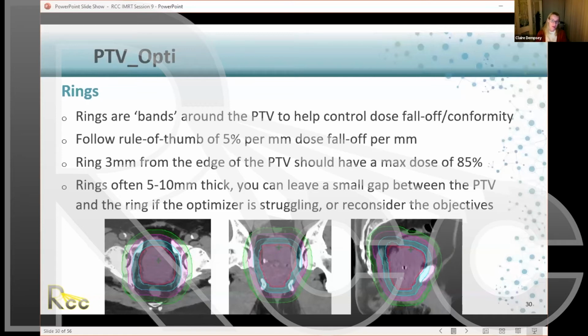So some people find if they leave a small gap, 1 to 2 millimeters, and then put a ring around the PTV at that point, it leaves enough margin that the optimizer has some wiggle room to play with and create a better plan for you.